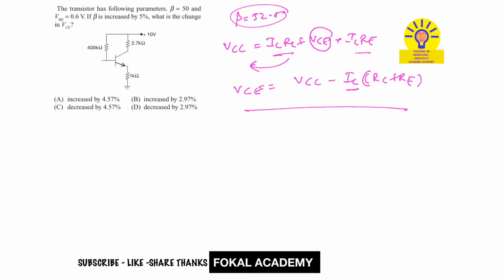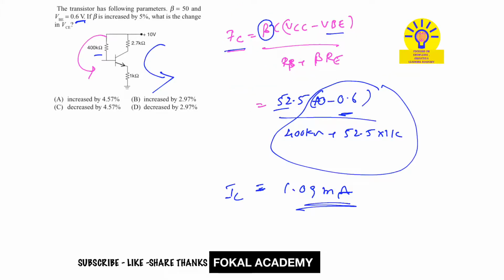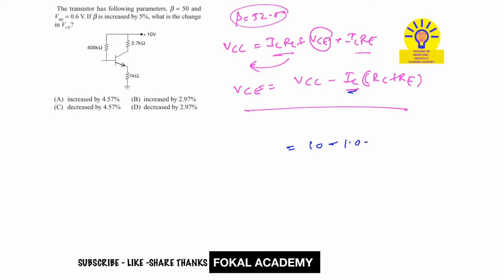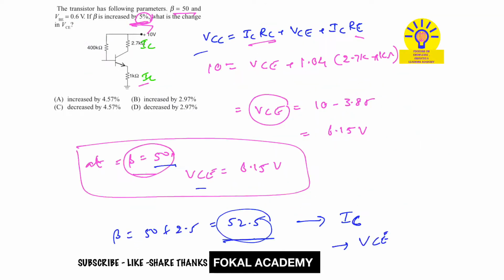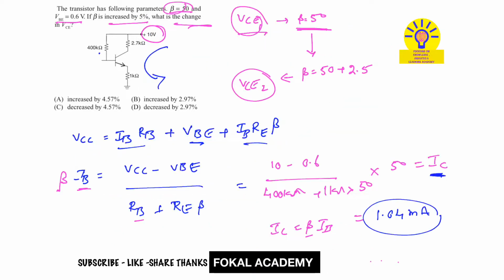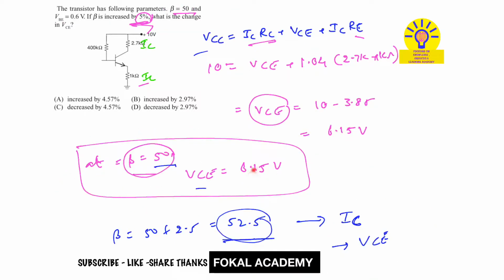Now substitute here. 10 volts minus IC, which we got as 1.09 milliamperes, times RC, which is 2.7 kilo ohms, plus RE, which is 1 kilo ohm. From this we get VCE equal to 5.967 volts. This is for beta equal to 52.5. For beta equal to 50, we got VCE as 6.15 volts.